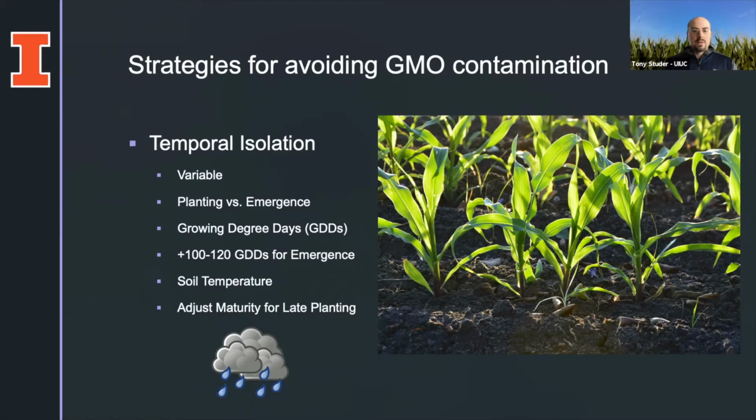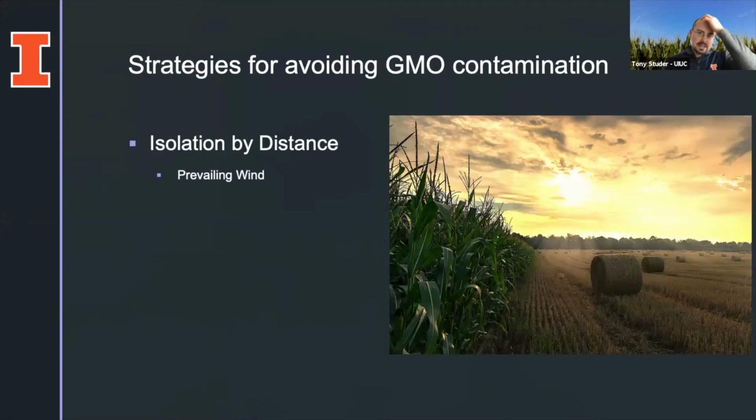Okay, so the next thing I want to talk about is isolation by distance. One of the main factors here that you should consider if you can't plant up against a wheat field like in this picture is prevailing wind direction. And so because it's a wind pollinating crop, the prevailing wind will push that pollen farther into your field.